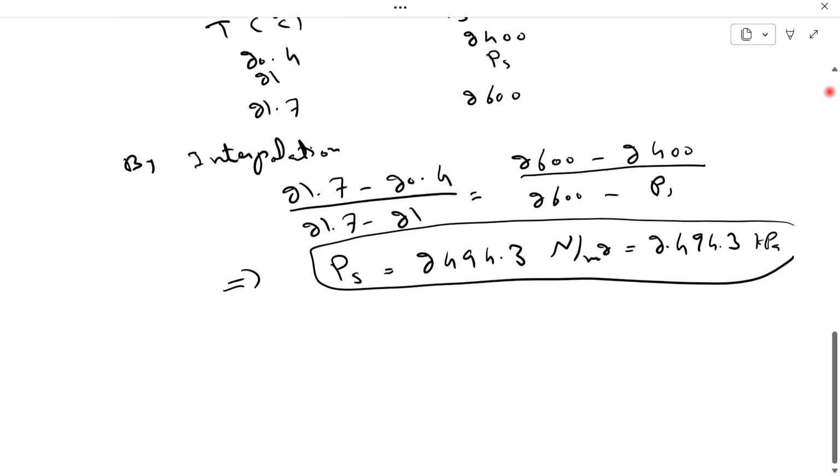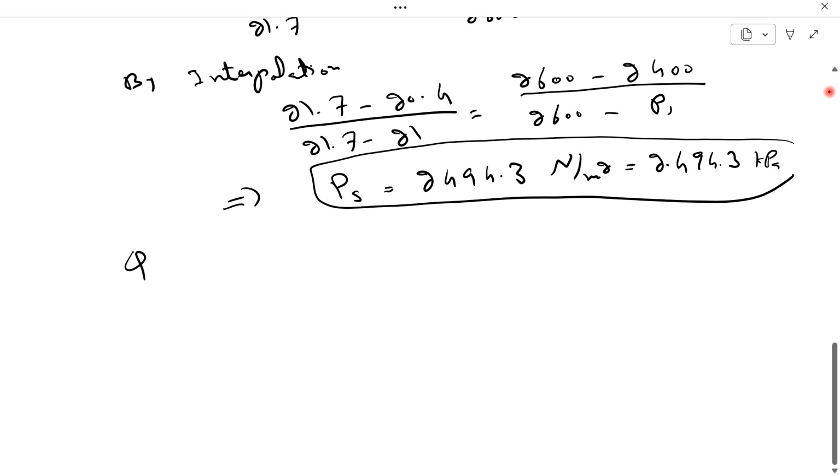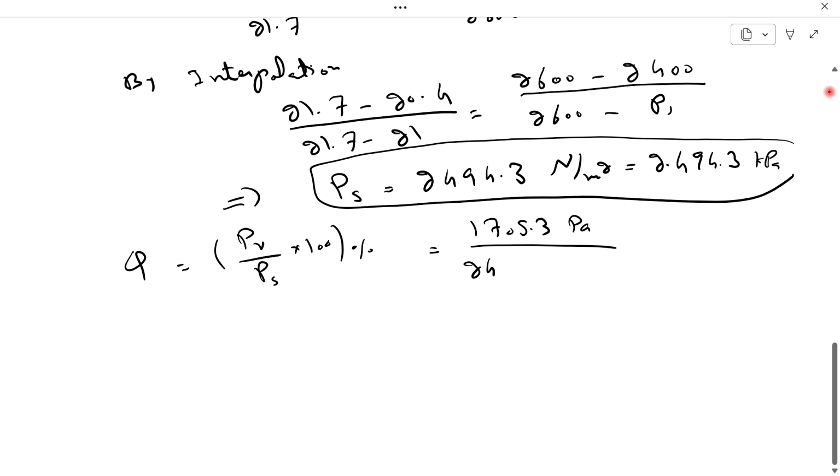Now we can easily find relative humidity, which is equal to PV divided by PS multiplied by 100, in percent. PV is 1705.3 Pascal or Newton per square meter, and PS is 2494.3 Pascal, multiplied by 100%.